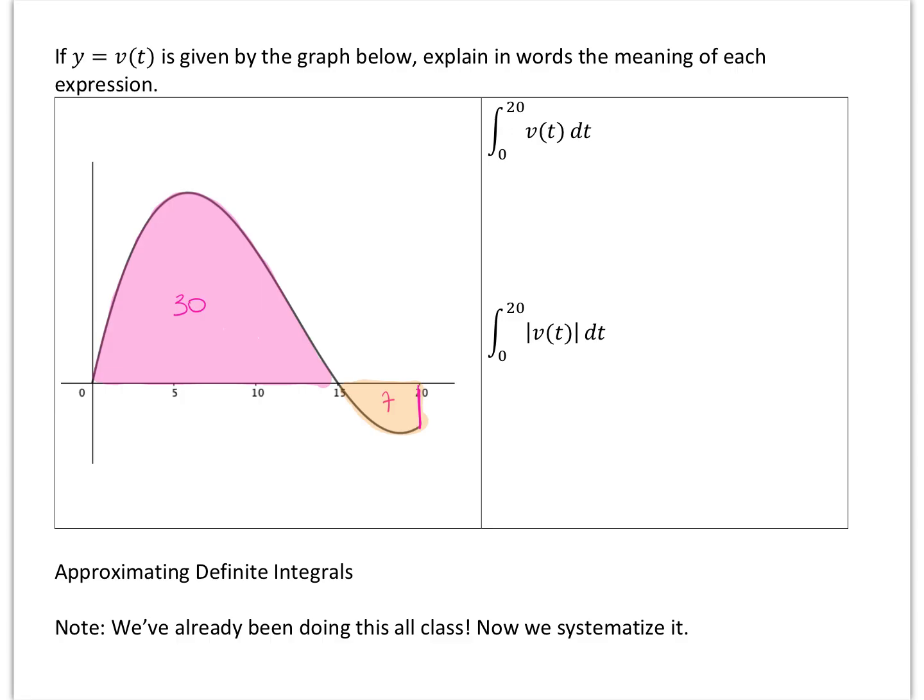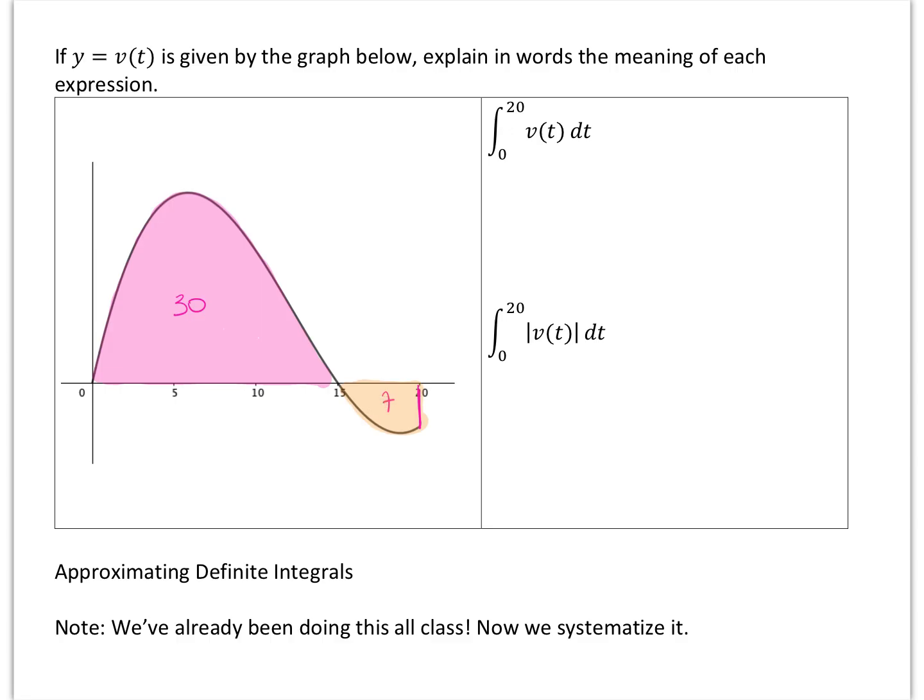If v of t is given in the graph below, explain in words the meaning of each expression. So I've given some numbers in the graph here. We're telling you that the area between the curve and the x-axis from 0 to 15 is 30, and the area between the curve and the x-axis from 15 to 20 is 7. So the integral from 0 to 20 of v of t dt is the sum of the areas under the curve, with area above the x-axis counted as positive and below the x-axis counted as negative.